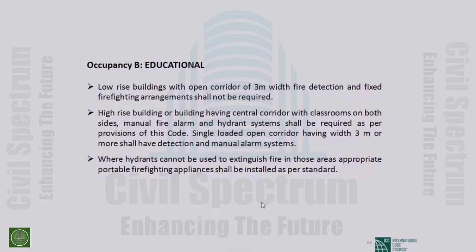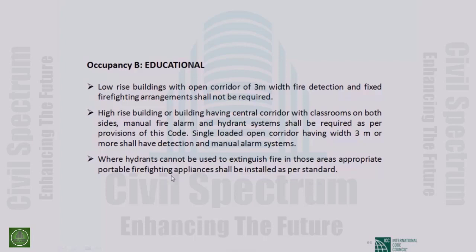as per the code. Single loaded open corridor having 3 meter or more shall have detection and manual system only. So you have to be careful about this corridor size and whether it is single loaded or double loaded. Where hydrants cannot be used to extinguish fire, in this case, appropriate portable fire extinguisher appliances shall be installed as per standard.